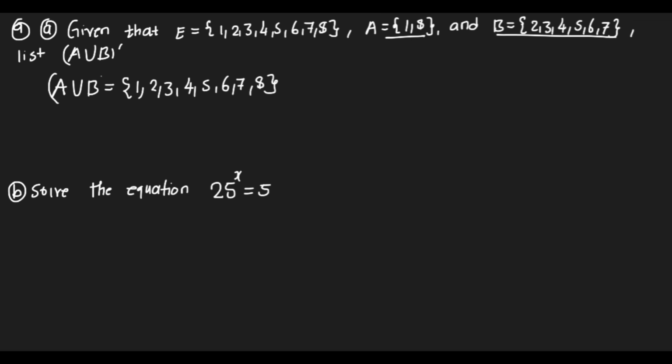Now if we put complement, it means that anything in the set A union B must not be part of our solution, it must be excluded.